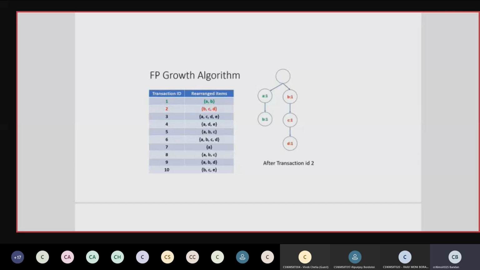Here the count of A becomes 2 and the remaining counts are the same.